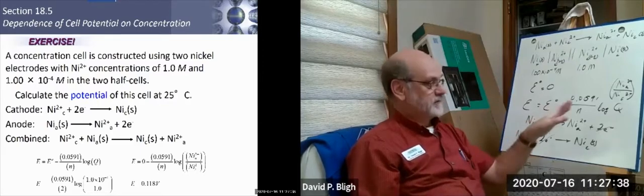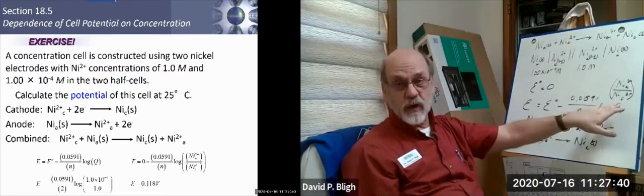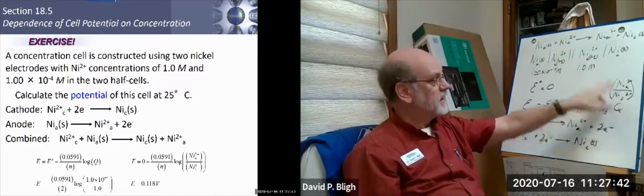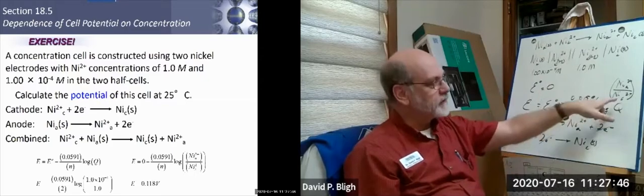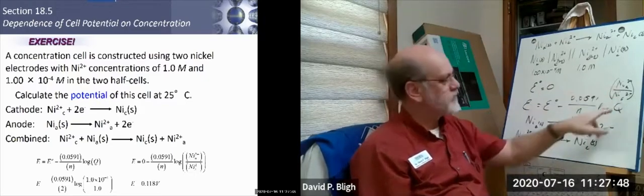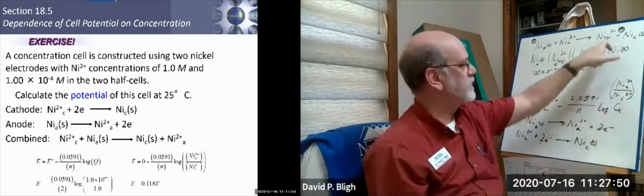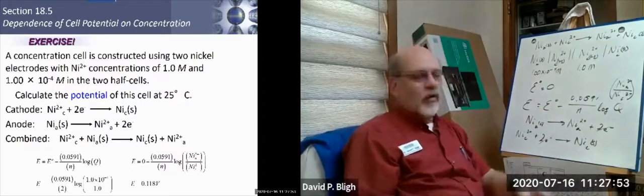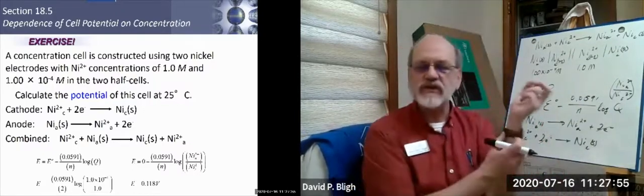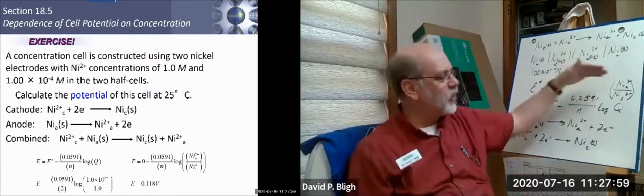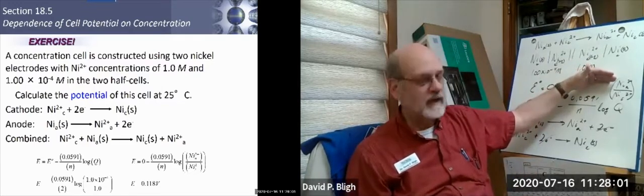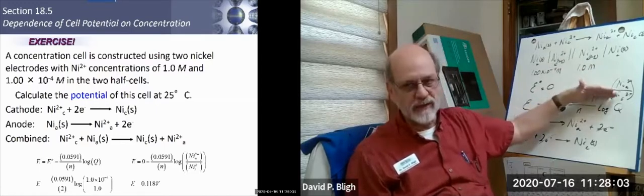Remember, when you write your K expression or your Q expression, solids drop out. They don't count. So we only have to include the solution concentrations of anode divided by cathode. So what does that tell you? In a concentration cell that runs spontaneously, the lower concentration goes on top, the higher concentration goes on the bottom.